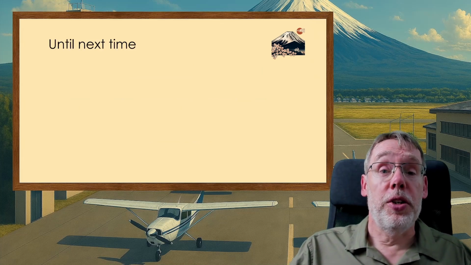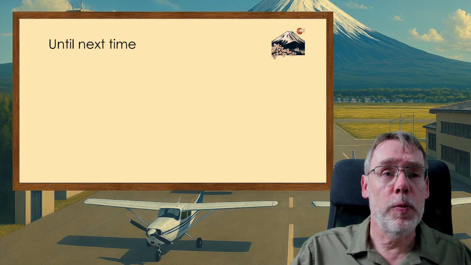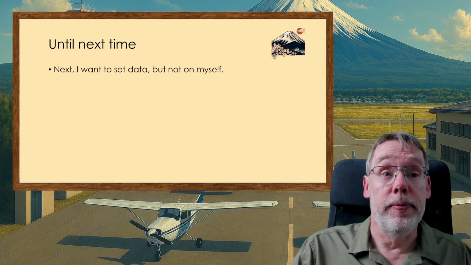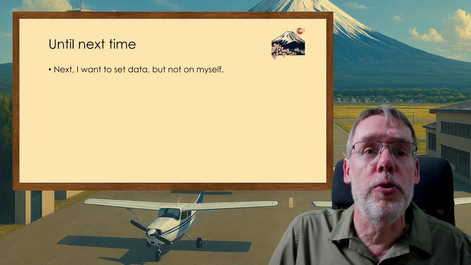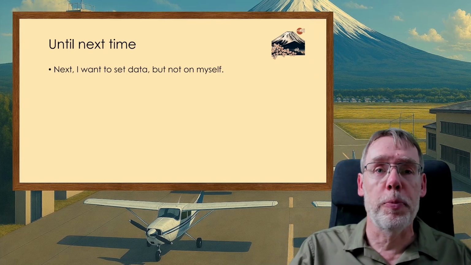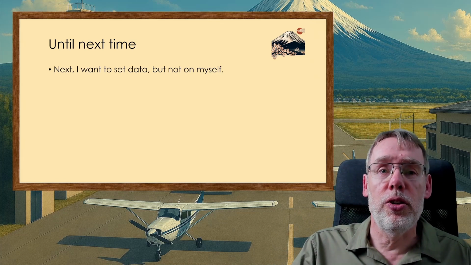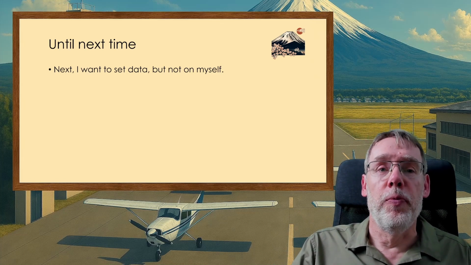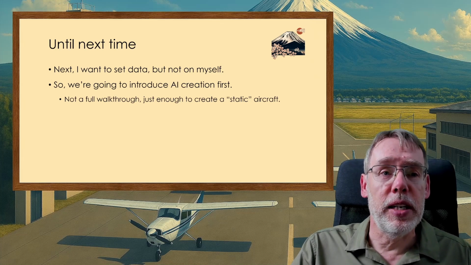So that was it for this one. See you next time. What will we do? Well, I said I wanted to go on with set data, but I don't want to do that on myself. I can warp the aircraft around, but I don't think that is too interesting. Let's instead first do a bit of AI creation.